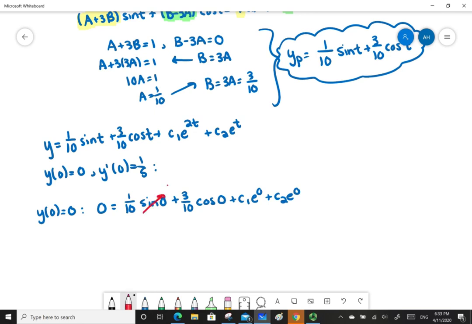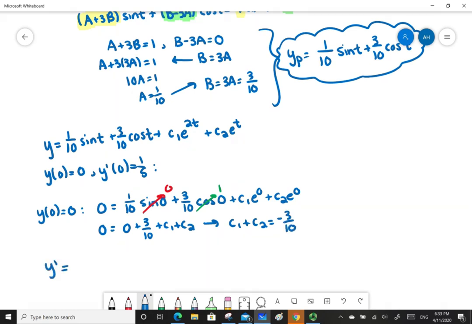Sine of 0 is 0, and cosine of 0 is 1, so 0 equals 0 plus 3/10 plus c1 plus c2. And c1 plus c2 equals negative 3/10.